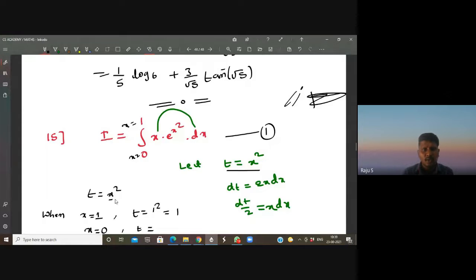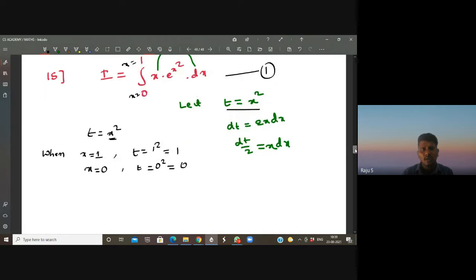X value substitute here, 0 square, that is 0. So the limits are not changed in this question. Limits are as it is. But not in all questions, very rare questions, very few questions, the limits may be changed. According to this question, when x is equal to 0 to 1, t also 0 to 1.